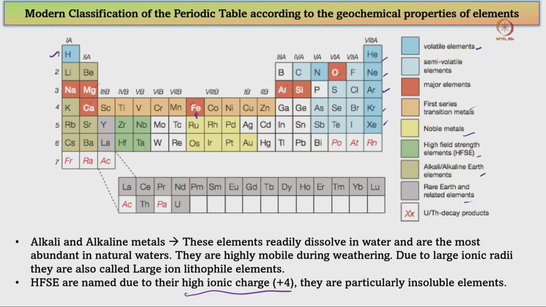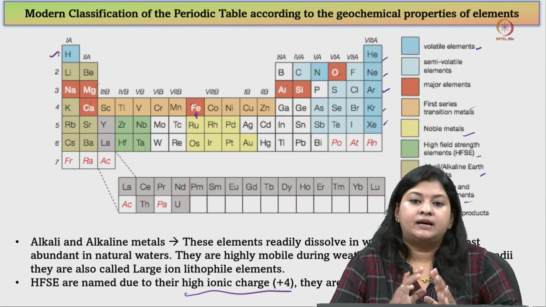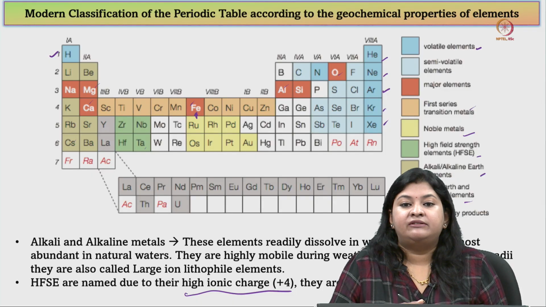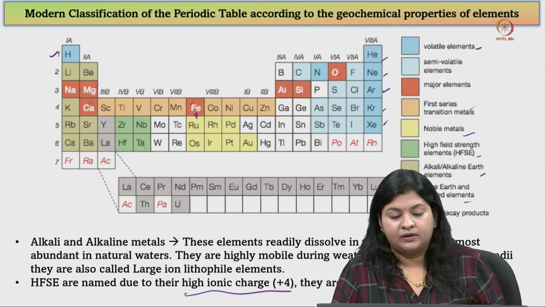Their concentration is very low, although they can be found commonly in a particular group of minerals. They are more in the earth's core region. Again, they form very dense elements, and they are very difficult to weather.